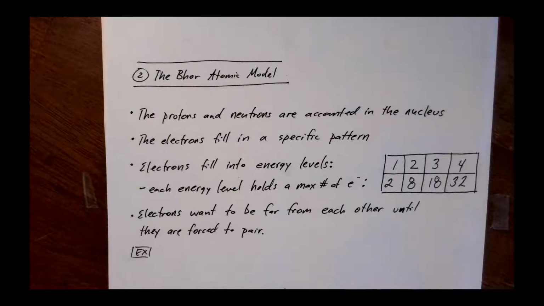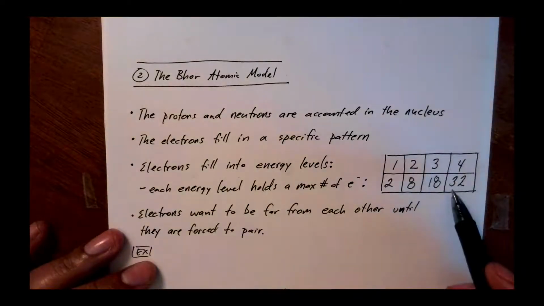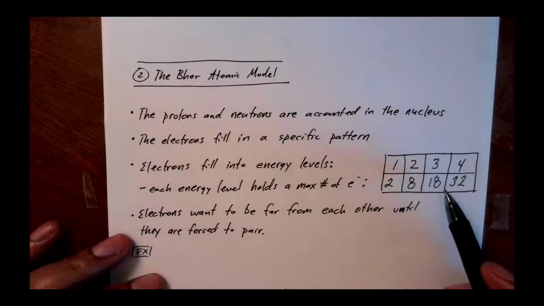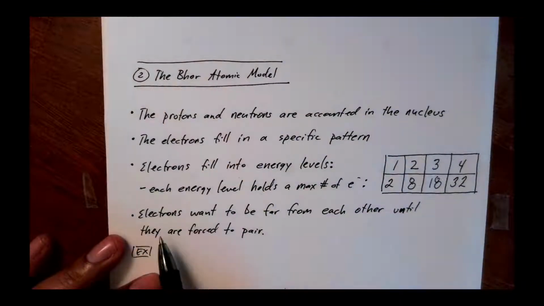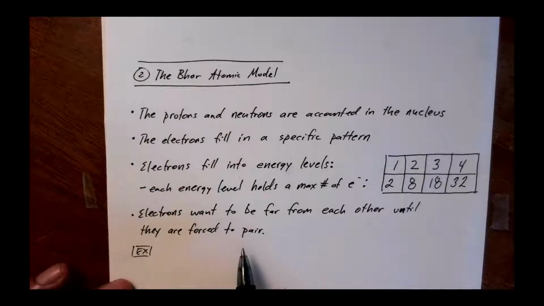You will see how these numbers came up. I'll get into that when you actually see the periodic table. I think it'll be a little more clear. My next point is electrons want to be far from each other until they are forced to pair. We'll see that in the pattern.